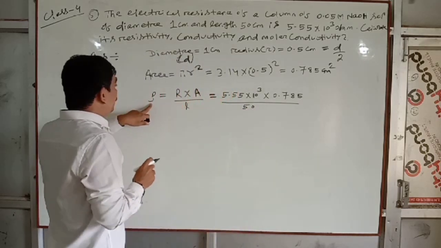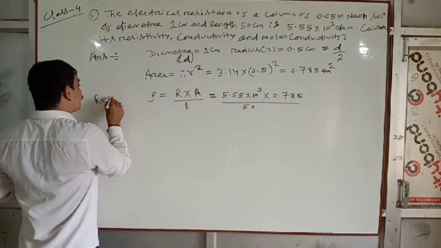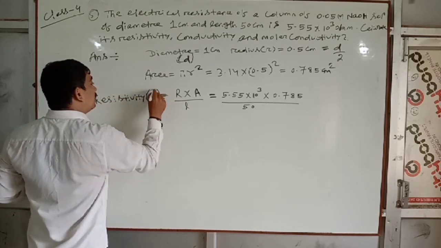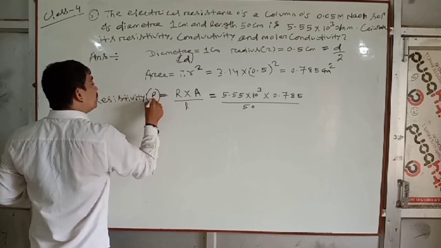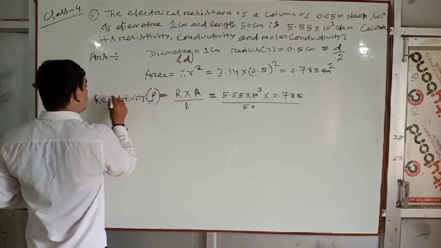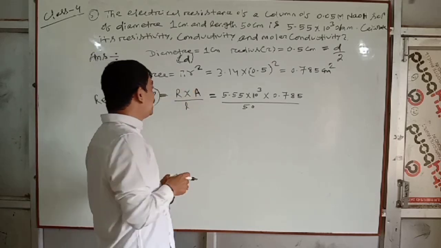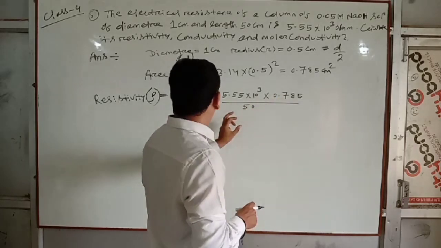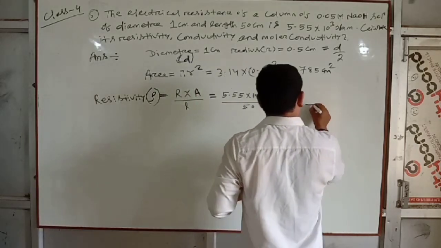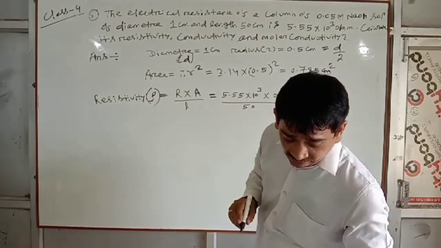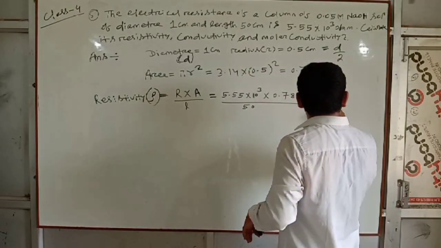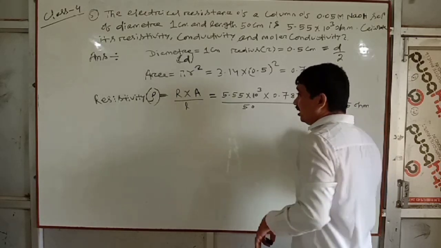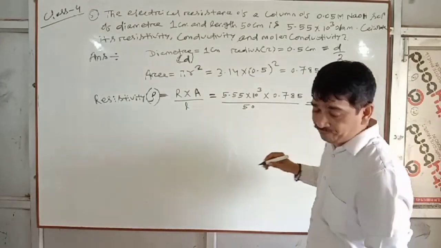So it has been 87.135. Resistivity unit is ohm cm.